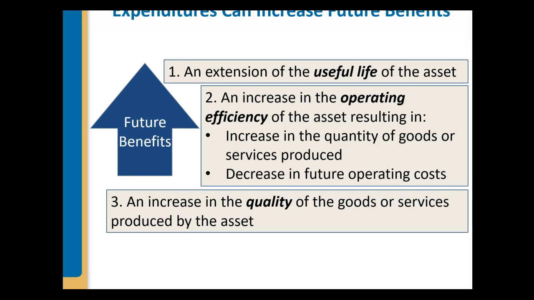Expenditures that cause any of these results should be capitalized initially and then expensed in future periods through depreciation, depletion, or amortization. This permits the matching of the expenditure with the future benefits.